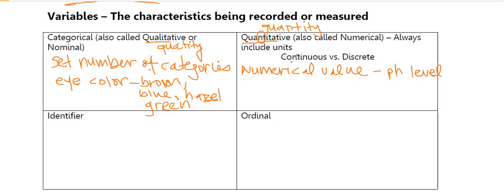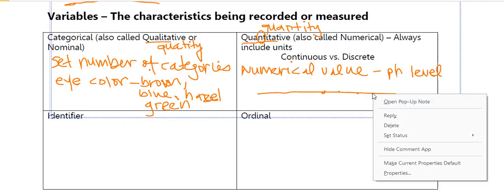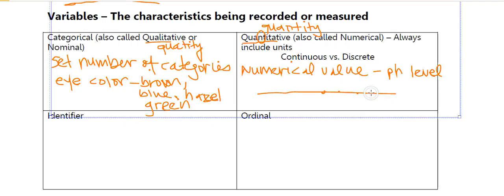Okay, now quantitative variables can be continuous or discrete. So the best way to show this is on a number line. If the value only takes on whole numbers, trying to draw a circle here, but it thinks I'm trying to open a window.